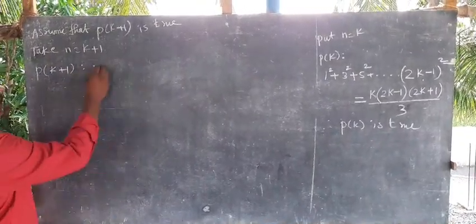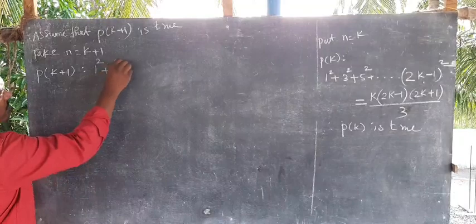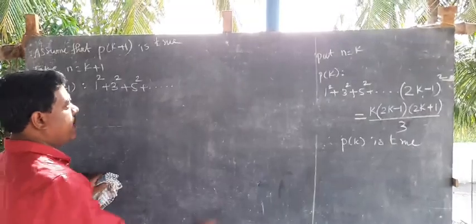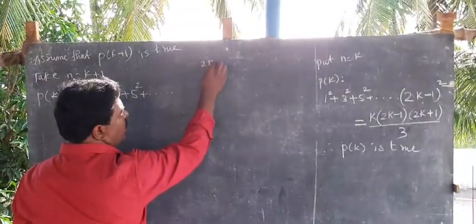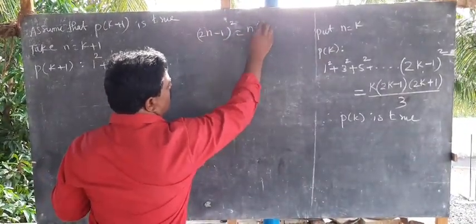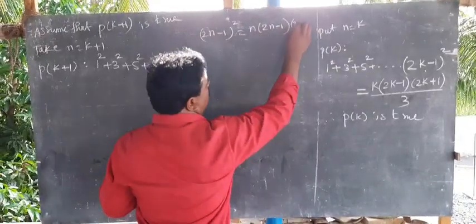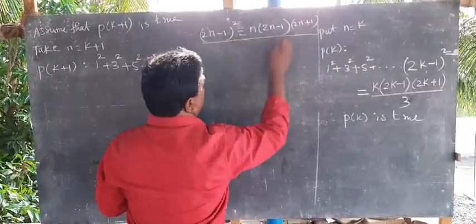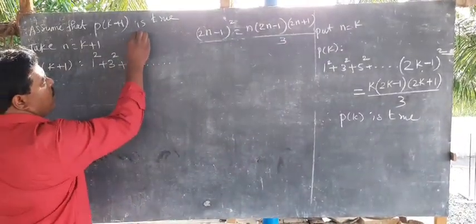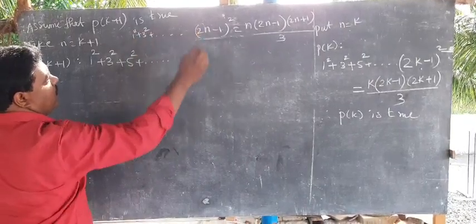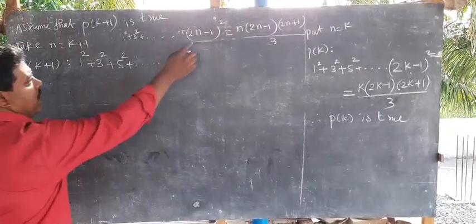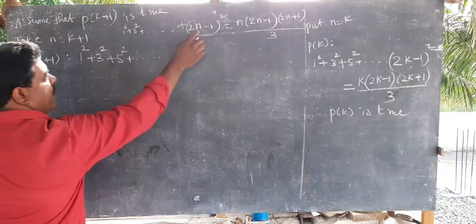So 1 square plus 3 square plus 5 square plus and so on. In the question they have given 2n minus 1 whole square equal to n, 2n minus 1, 2n plus 1 by 3. This is the question. 1 square, 3 square and so on is given. Clear? So here we have to apply k plus 1. Where we are having n, we apply k plus 1.